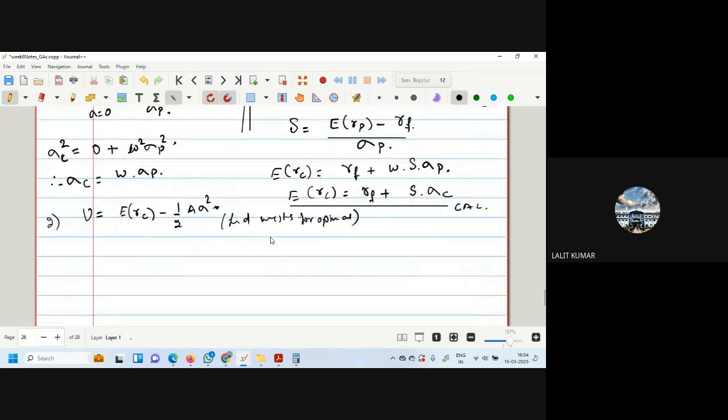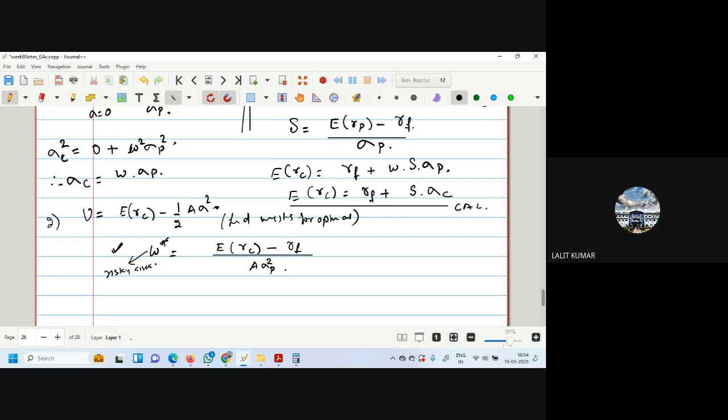So in this case, I'll give you straight away the formula, it will become ERC minus RF divided by A into sigma P square. Okay, so straight away you can get this weight, and this weight will be for the risky asset.